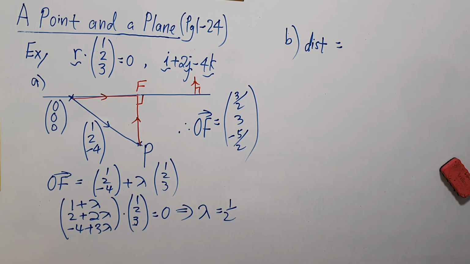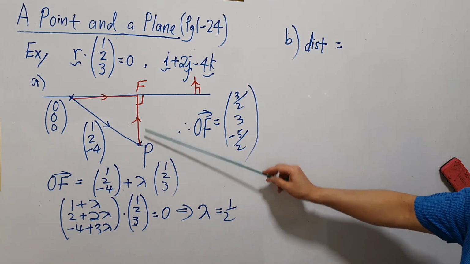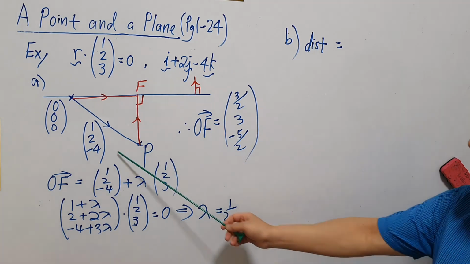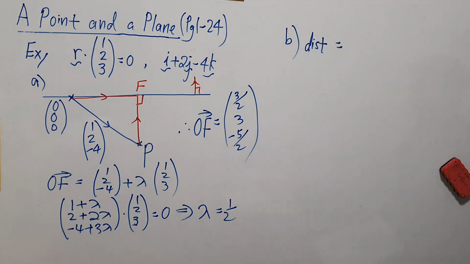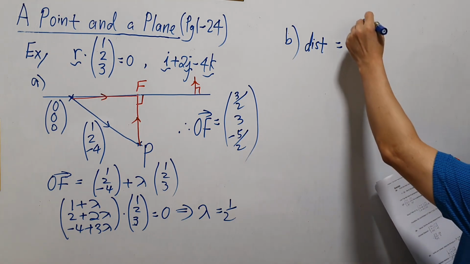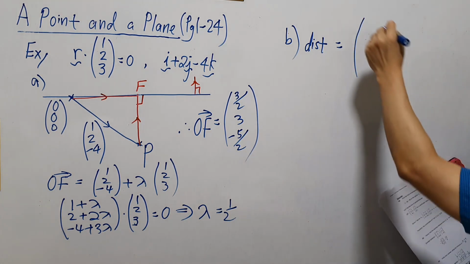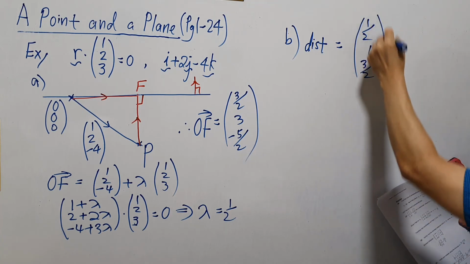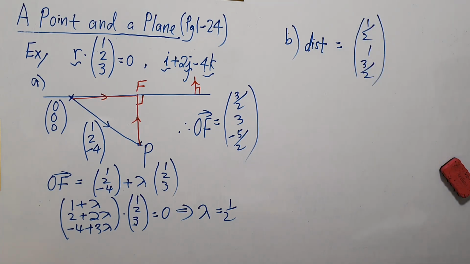Okay, let's find the vector PF. Because I know OF, I know OP, PF is OF minus OP. PF is equal to (1/2, 1, 3/2). This is vector PF.